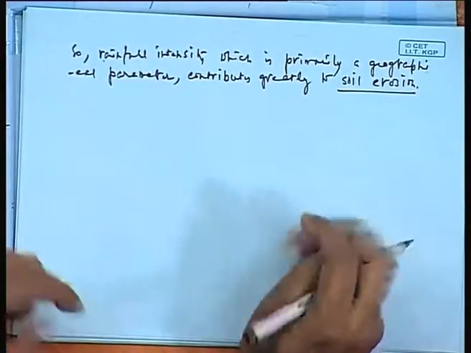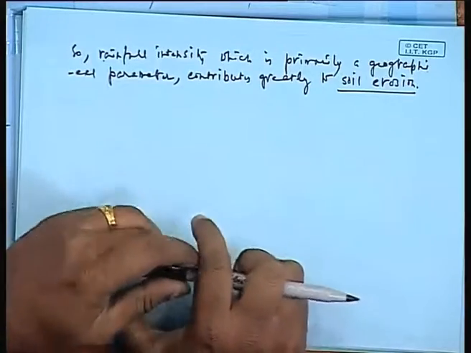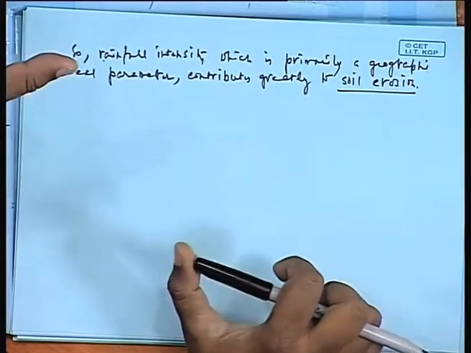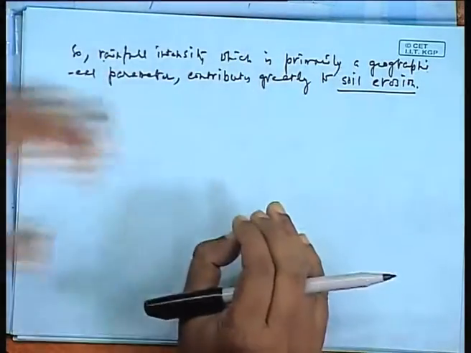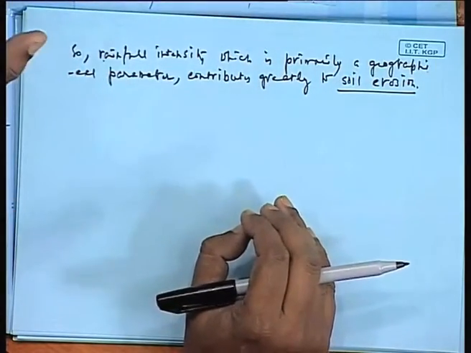So you can see, other things remaining the same, the variation in the rainfall would lead to higher erosion.